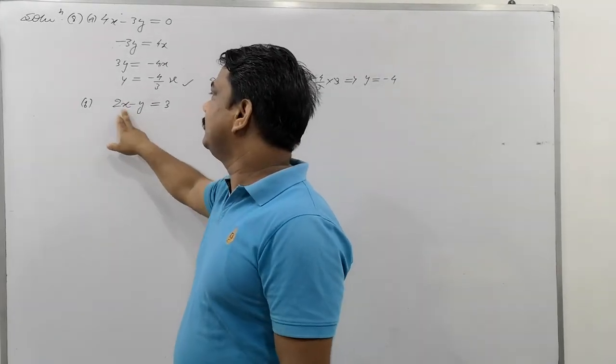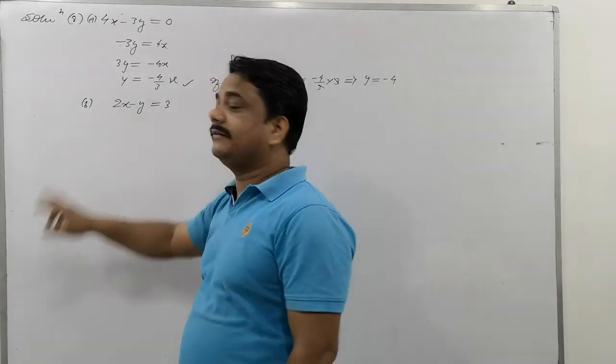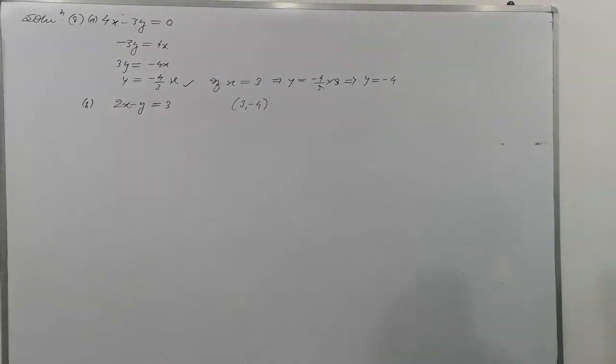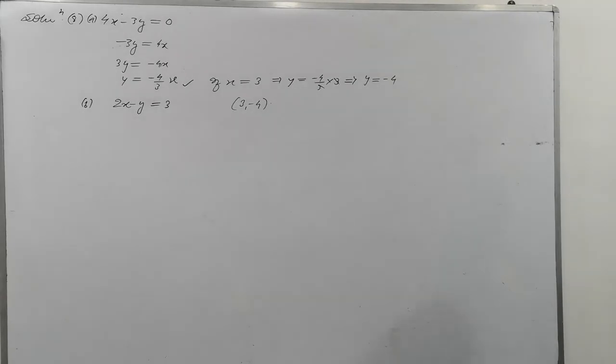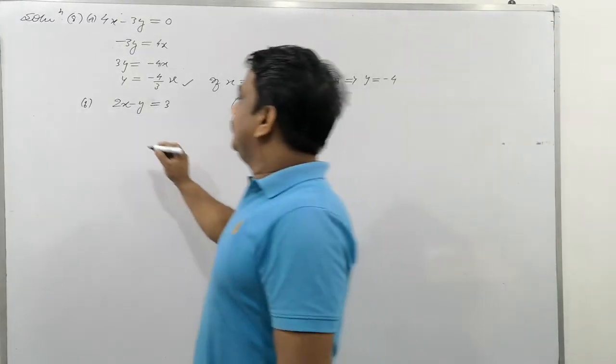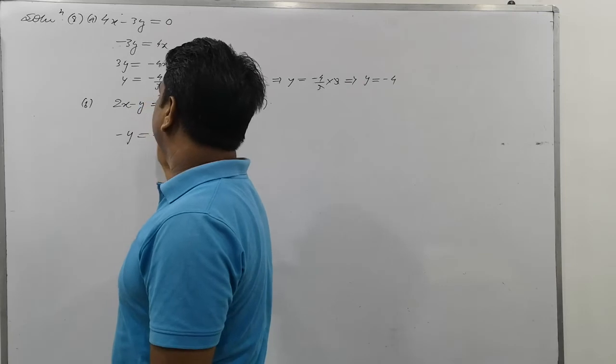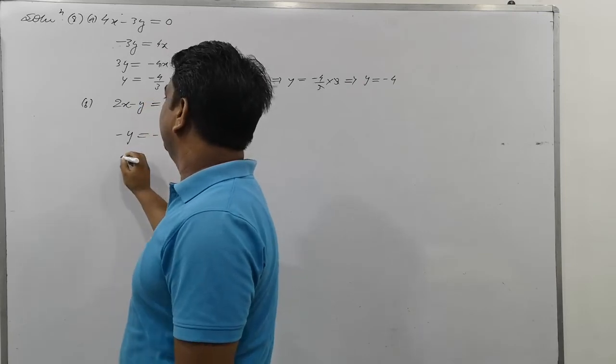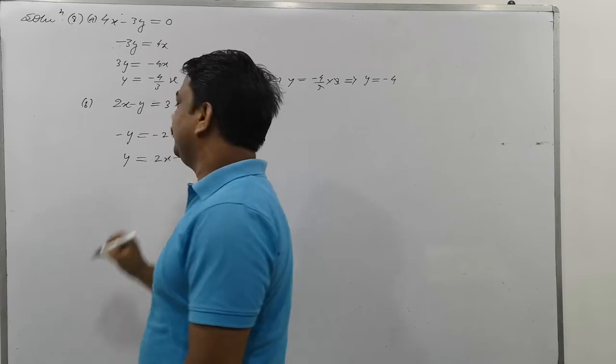Minus y is equal to minus 2x plus 3. So y is equal to 2x minus 3.